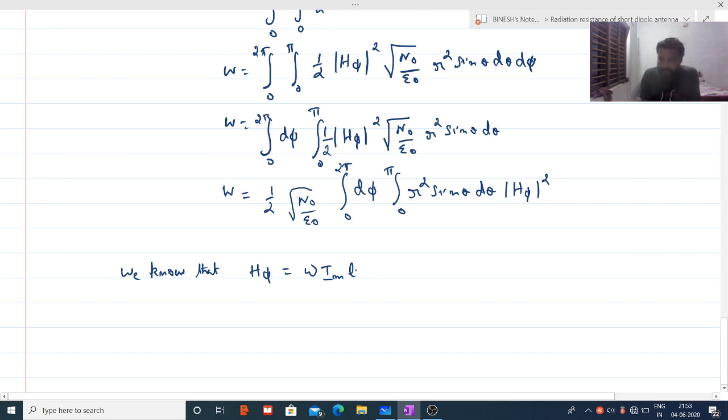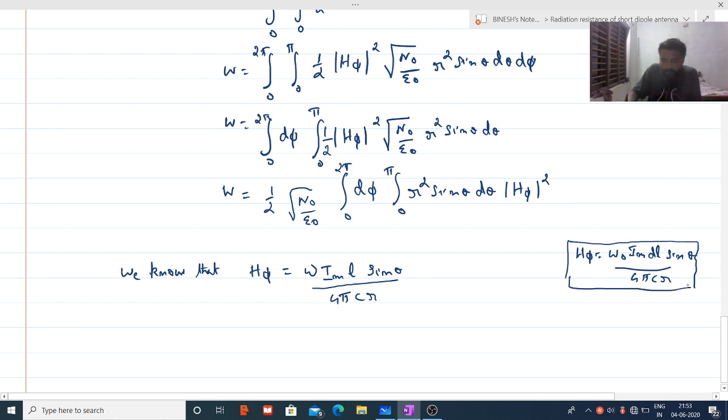So omega Im dl or Im l sine theta, the whole square, by 4 pi C into R. In general, we have written H phi as omega naught Im dl sine theta by 4 pi C into R. This is the far field component for H phi, which we derived from the small current element.